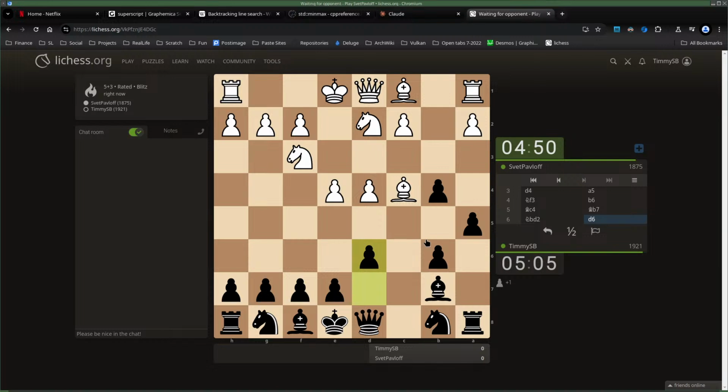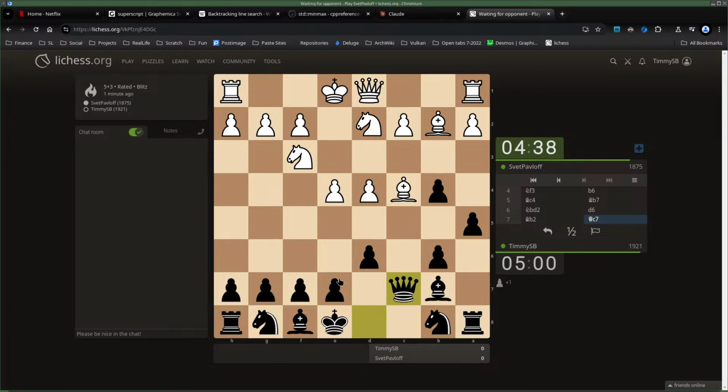What about this one? I mean, I'm a pawn up. What can go wrong? Let's develop this thing. I think this wing is done.